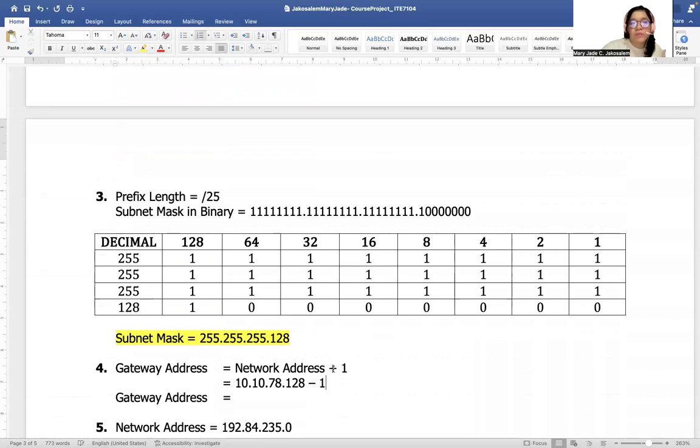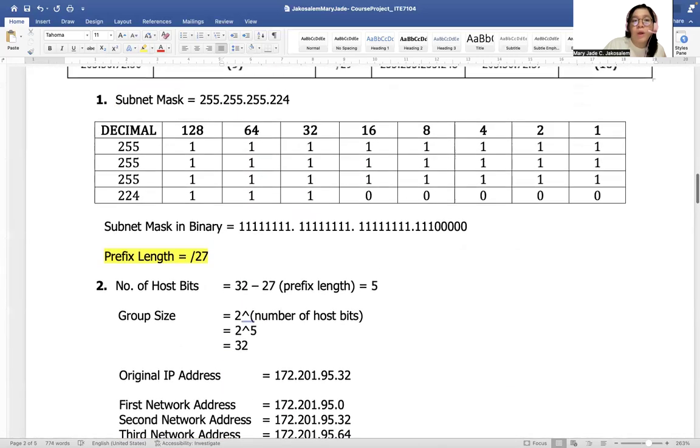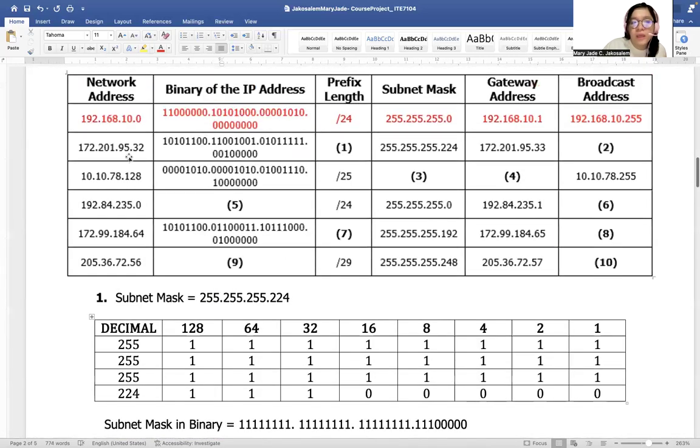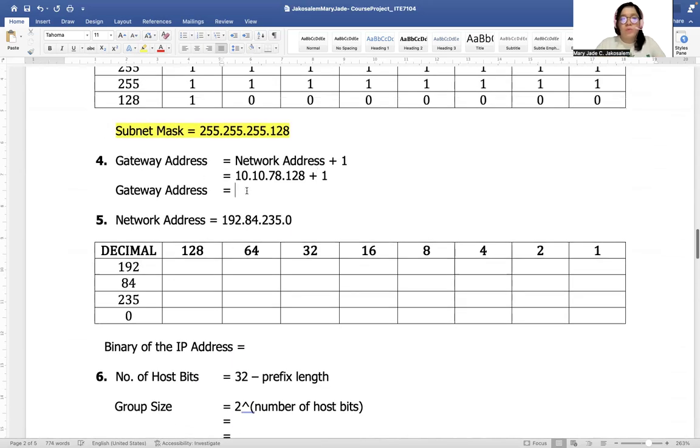So it's actually +1, not minus. So, network address +1. Okay? So, 10.10.78.128 plus 1 is actually equal to 10.10.78.129. And that is our gateway address.